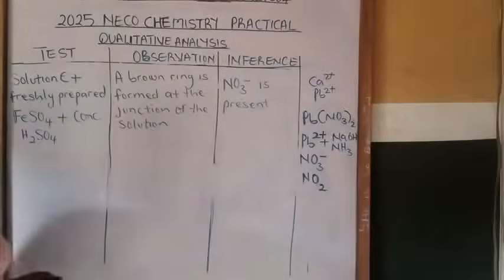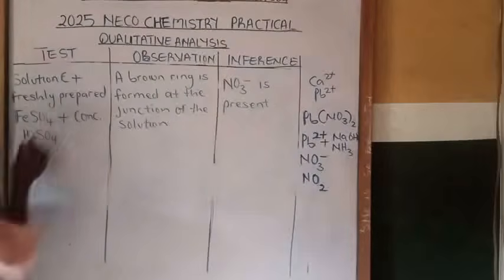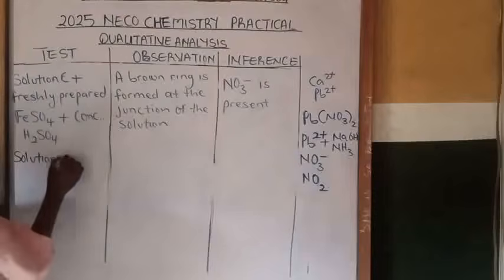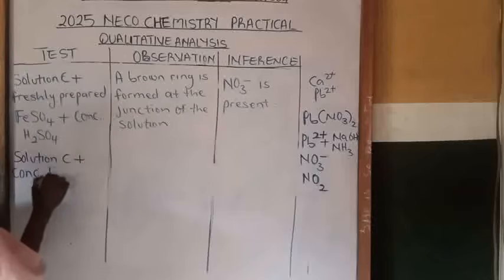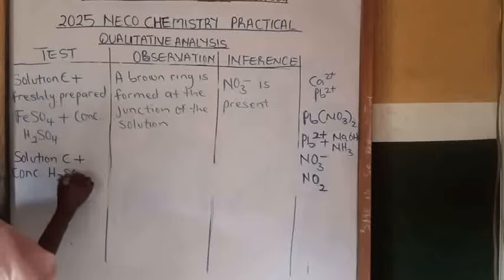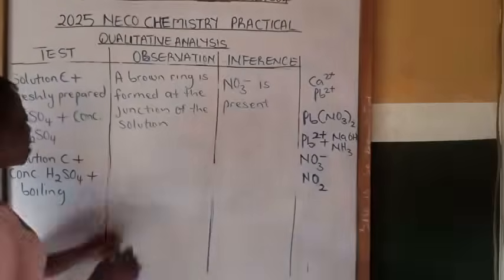So the next one is the test for NO2 gas. So we are going to add concentrated H2SO4 to solution C. So solution C plus concentrated H2SO4, then plus boiling. Then you boil the mixture. So what will be our observation?